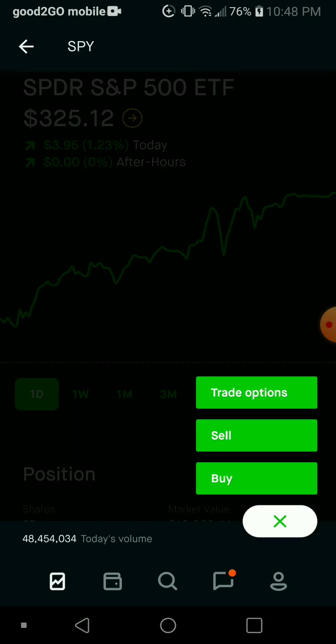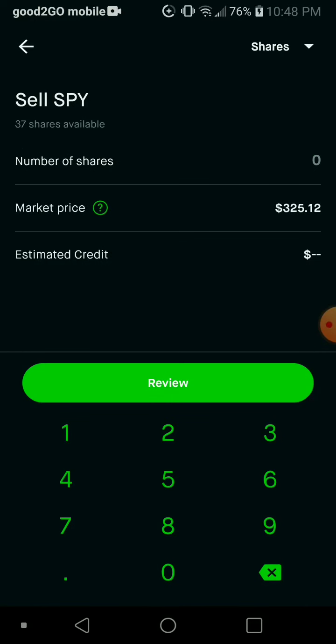Both of them are going to go by market. So let's go, for instance, sell. I'm going to click on sell, and by default, as you can see here, it's going to do a market sell. We can choose different kinds of sell or buy later, and I'll explain that to you later. But for now, by default, it's going to go to market.